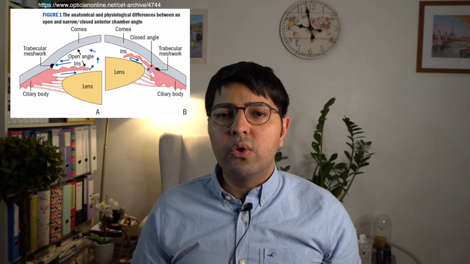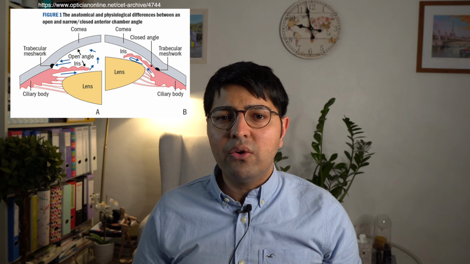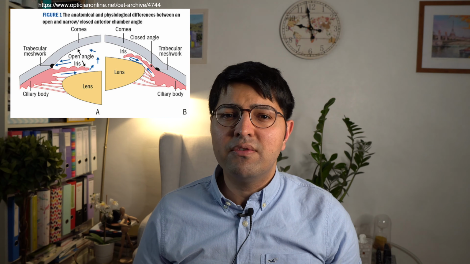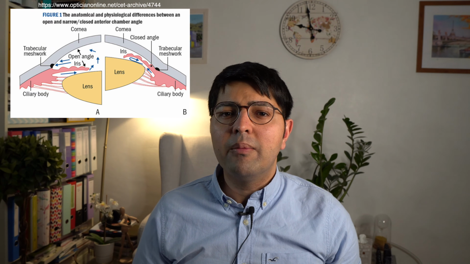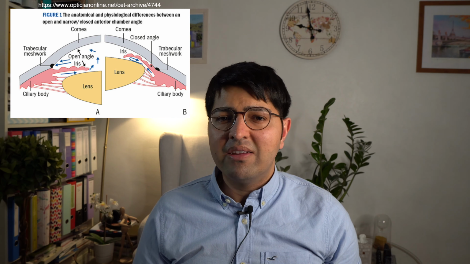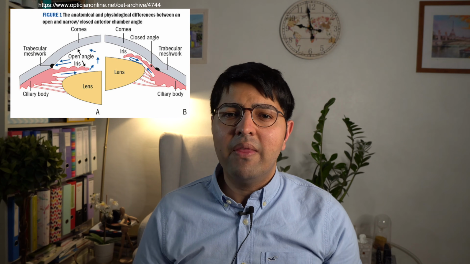In angle closure glaucoma, what basically happens is, for various different reasons, this angle closes down, and as it does so, it makes the passage of fluid out of the eye initially reduced and then potentially completely impossible. And it's like a pipe essentially. If you have a blocked pipe, the pressure within that piping system will increase until the point at which you get a complete obstruction, and the pressure at that point skyrockets.